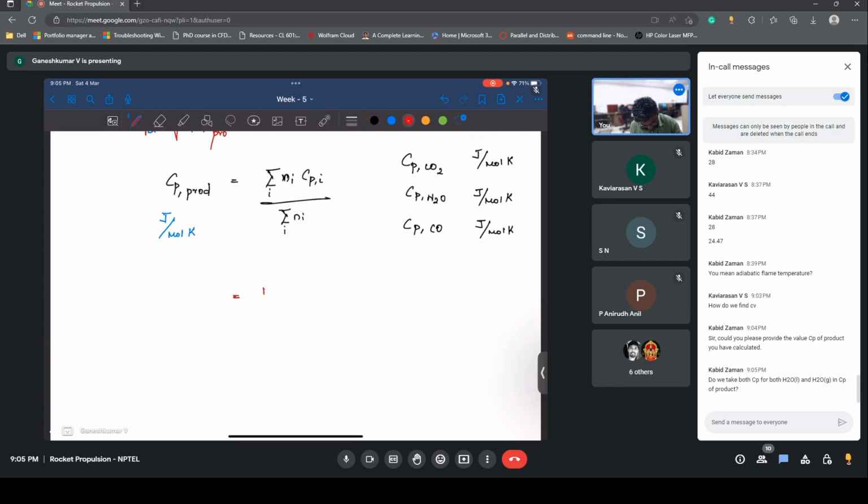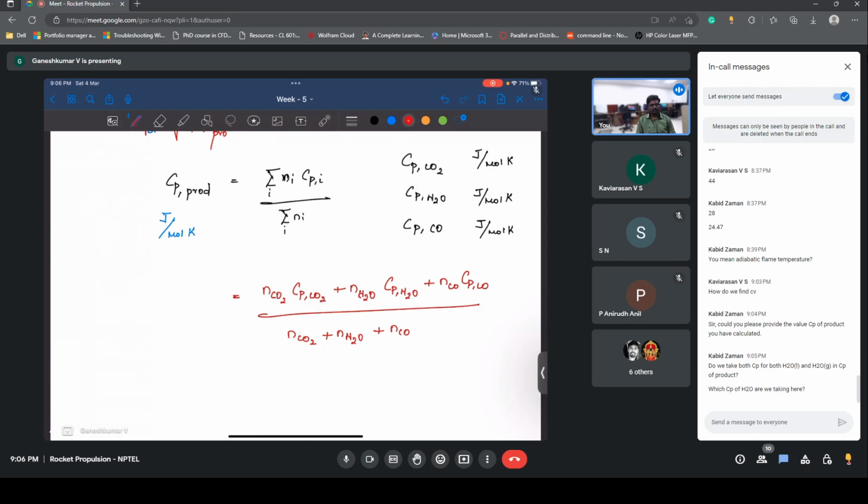So in order to avoid confusion, I will write it: n of CO2 times Cp of CO2, plus n of H2O times Cp of H2O, plus n of CO times Cp of CO, divided by n of CO2 plus n of H2O plus n of CO, right? So if we do this, we find the mixture Cp, weighted using the number of moles.